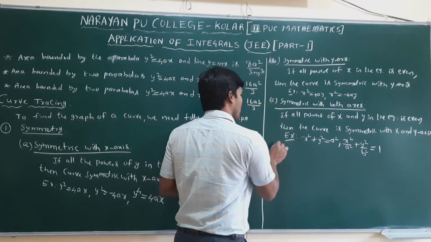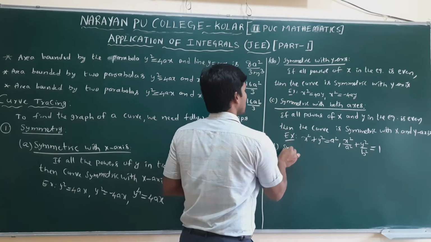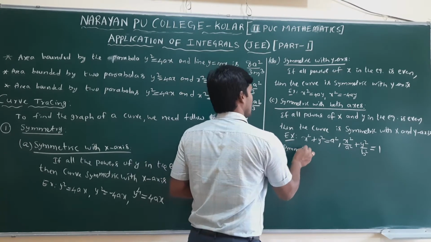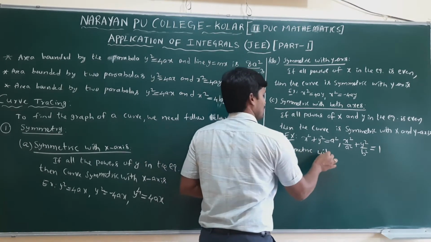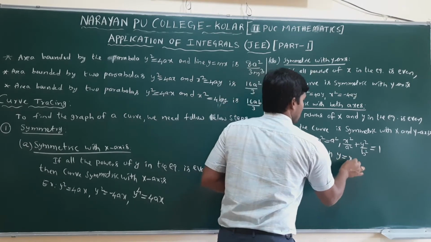Next, in this symmetry property, symmetric with the line y is equal to x.